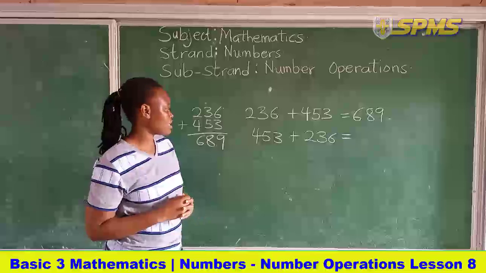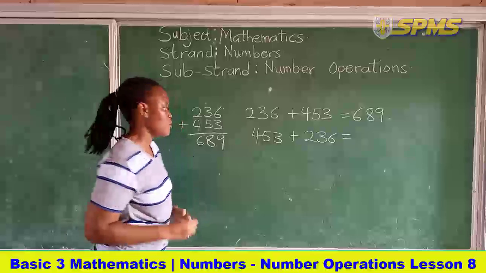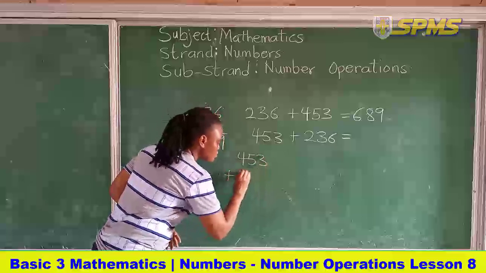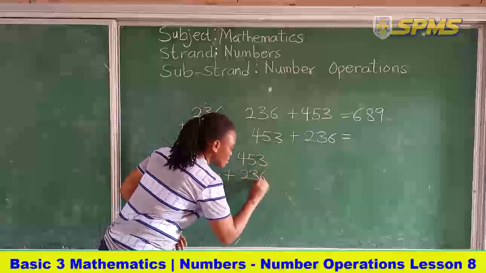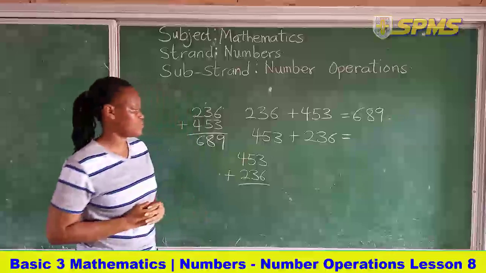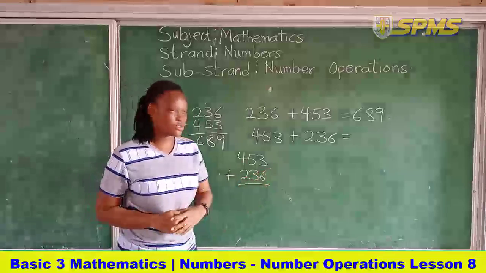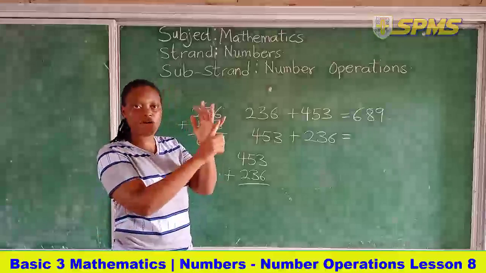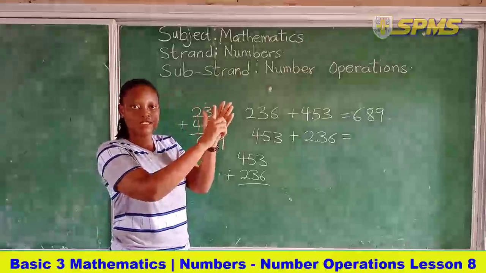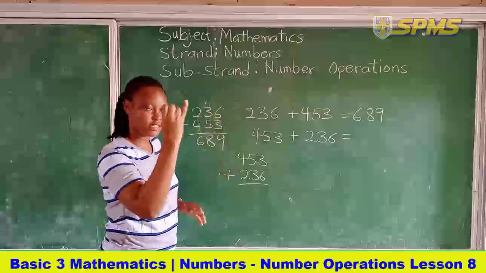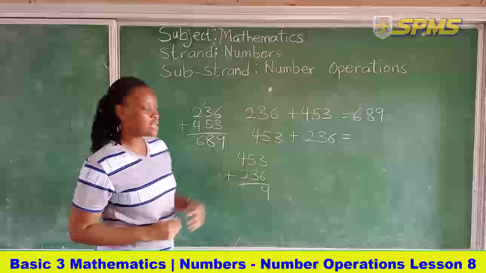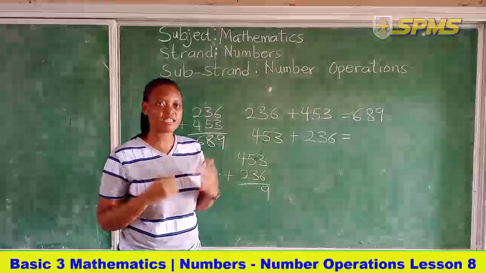Now let us look at the second addition sentence. We have 453 plus 236. 3 plus 6: you have 3, you are adding 6 to it. So 4, 5, 6, 7, 8, 9. So we have 9. 5 plus 3: we have 5, let us add 3 to it.